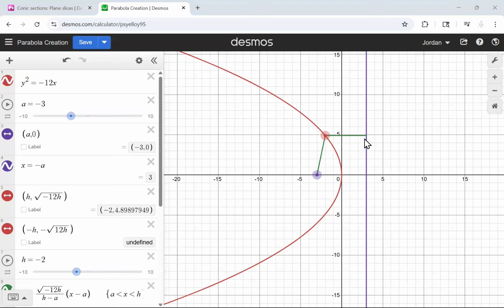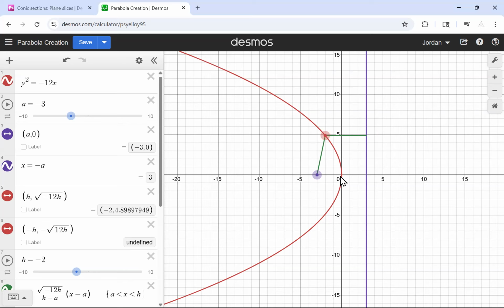So here's what we have. Again, the vertex in this case is the rightmost point. In this case, it is the origin. I try to make things simple. It turns out if you do the calculations, and we will do the calculations here, the focus is 3 units from the origin.